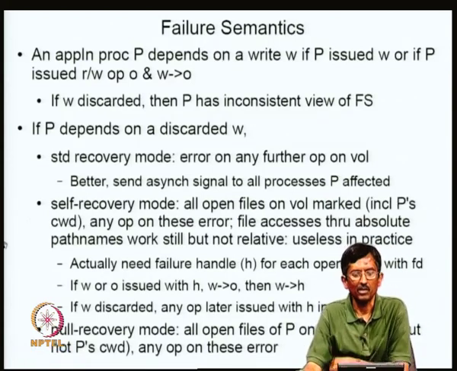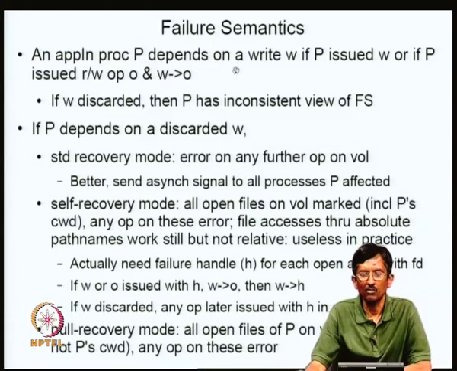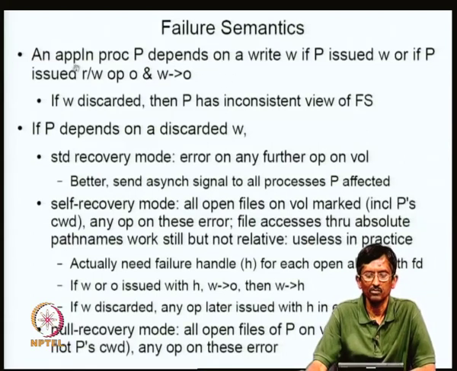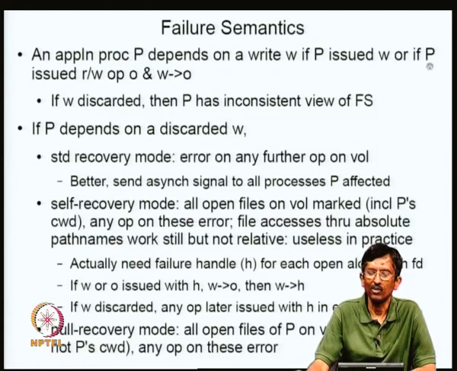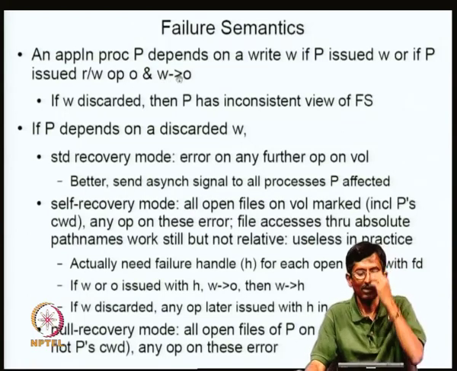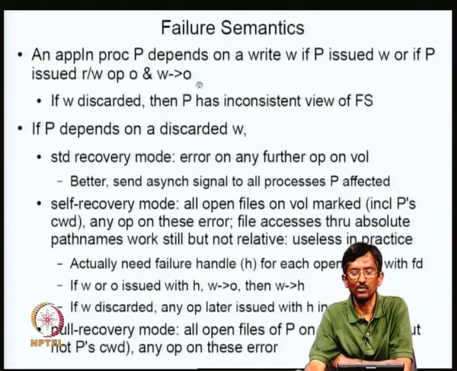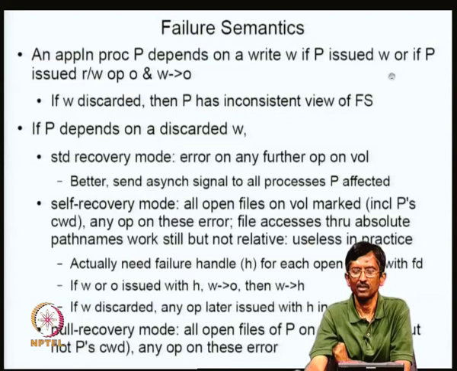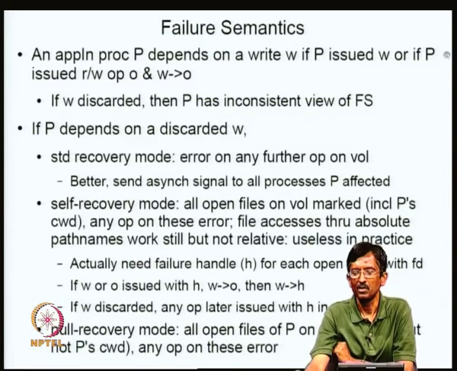So basically what echo's failure semantics is as follows: the application process P depends on a write W if P issued W, or if P issued a read or write operation O and W arrow O, okay. So if P has issued the write, this one is clear, because P issued it, it assumes that it is going to be sitting on disk. That is an elementary observation, okay, because P issued it, therefore it has to be there.